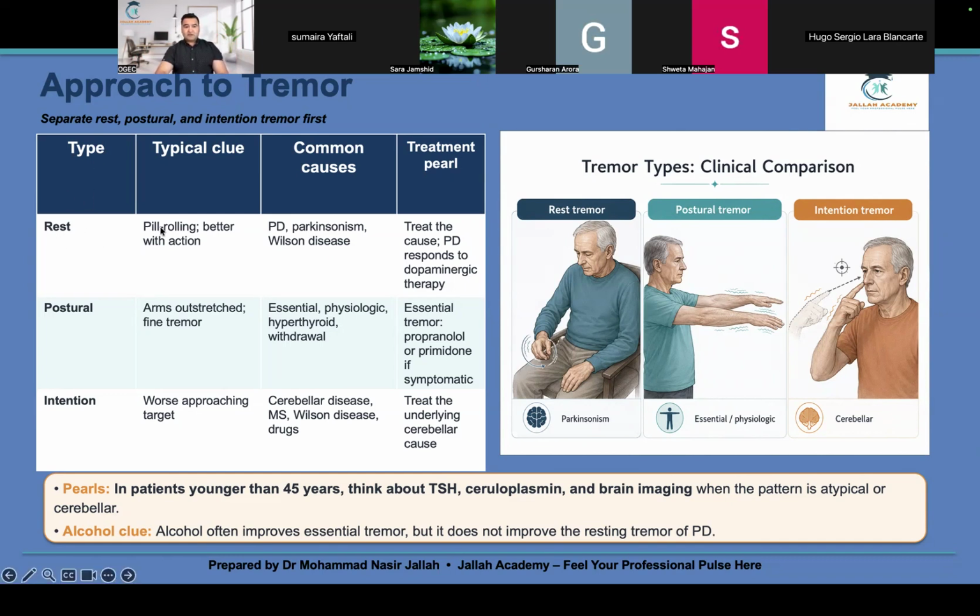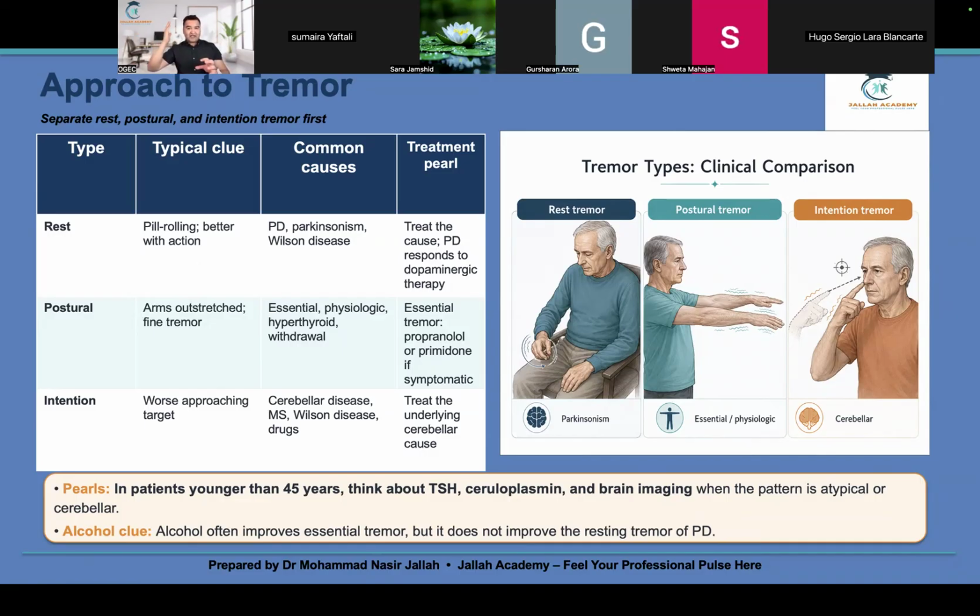Type, resting. What kind of a tremor is resting? It's like a pill rolling tremor, better with action. Like when the patient is talking, moving, drinking, the patient doesn't have tremor, but when the patient rests, it starts. Another thing about resting tremor is that it mostly starts on the dominant hand.